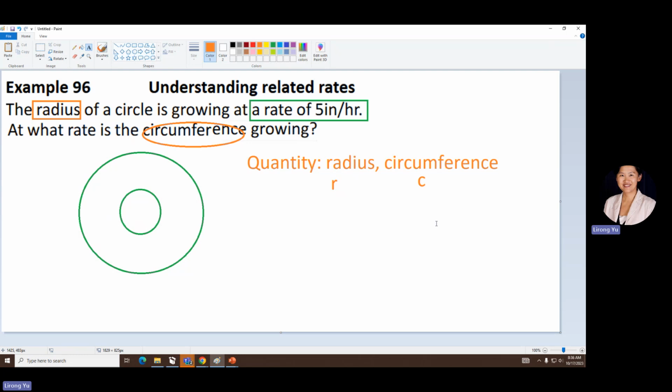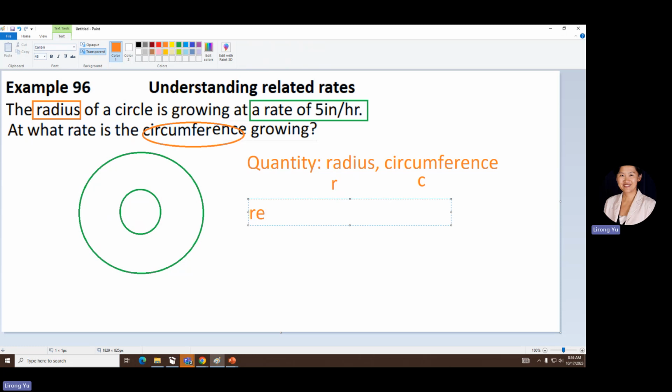C equal to 2 pi times the radius, right? So that's the relation. Once you get the quantity, we need to know what is the relation between these quantities. So that should be an equation.